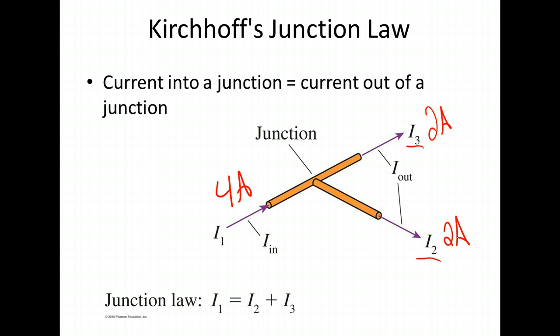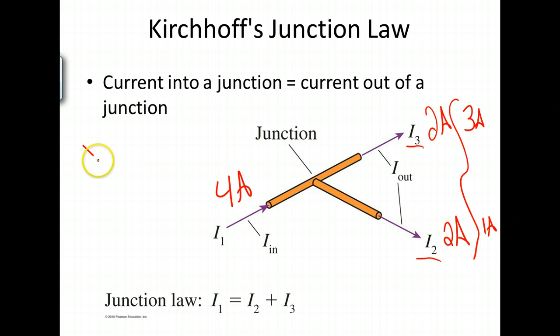As long as that junction is made of a similar material, we can assume that it's evenly split. If for some reason they were different materials, we could still have a 3 and a 1, but we're going to assume uniformity here. Either way, the current coming in has to equal the current coming out of a junction, and vice versa.